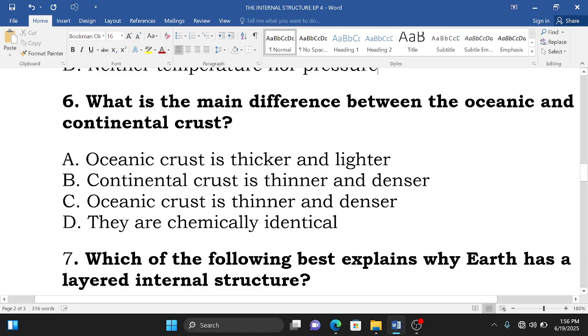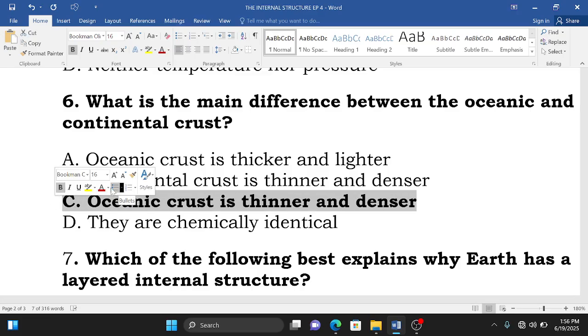B, continental crust is thin and denser. C, oceanic crust is thinner and denser. D, they are chemically identical.